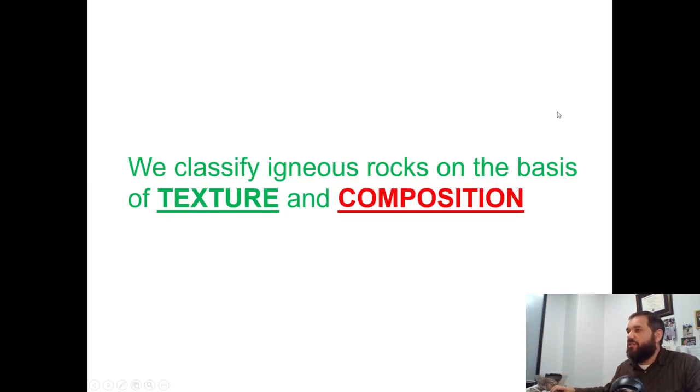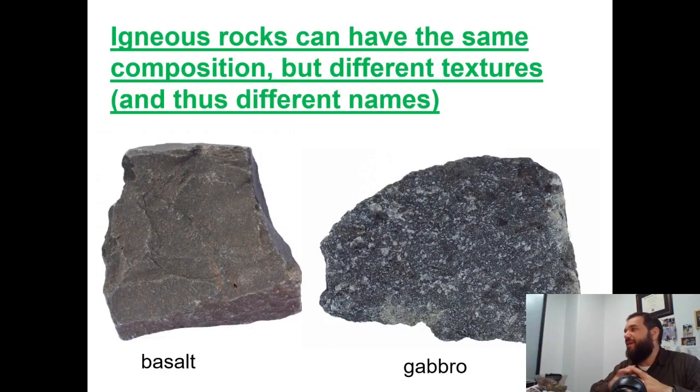So we talked about texture now. That's all done. We classify igneous rocks on the basis of texture, and the other thing is composition. So let's move on and talk about composition. Composition refers to the different elements from the periodic table that are contained in different igneous rocks.